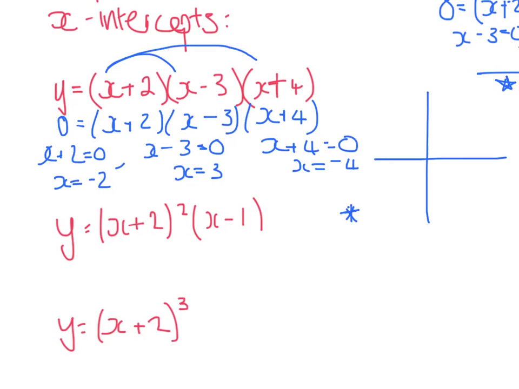And we know that it's going to intersect the x-axis at x is minus 2, x is minus 4, and x is 3. And then it's basically a case of playing dot to dot. So we're going to start in this bottom left-hand corner and make sure that we cut through all of those points following the general shape and shooting off into the top right-hand corner. And there you have it. That's that particular graph drawn.